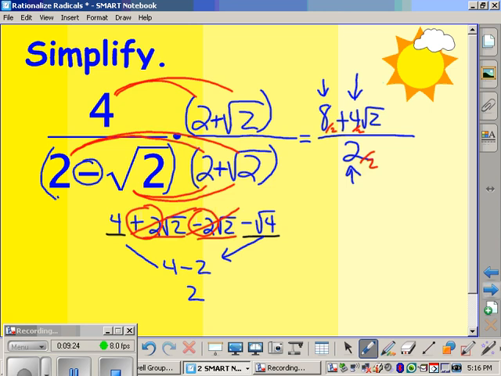So we are able to further reduce this. So our final answer would be 4 because 8 divided by 2 is 4, plus 2 radical 2 because 4 divided by 2 is 2. In the denominator, 2 divided by 2 is 1, and there's no need to put a 1 in the denominator, so we can stop and write 4 plus 2 radical 2 as our answer.